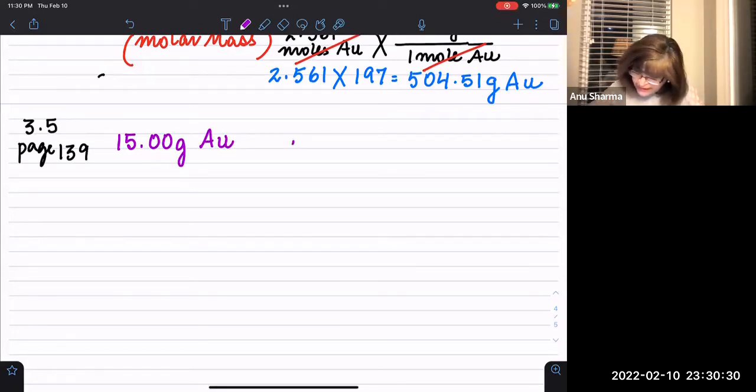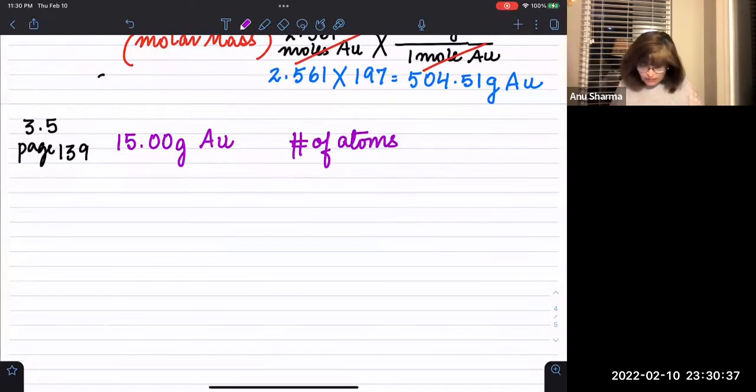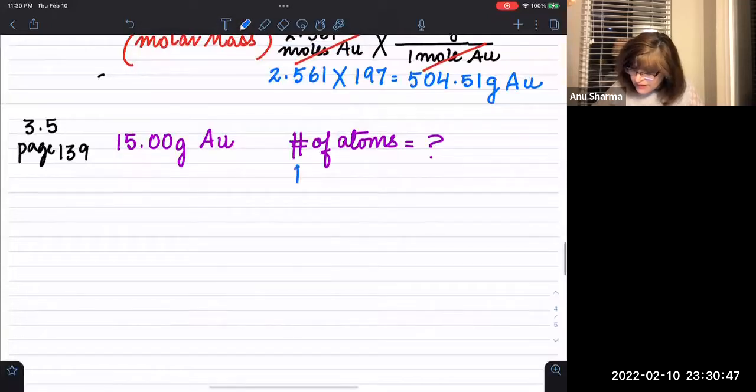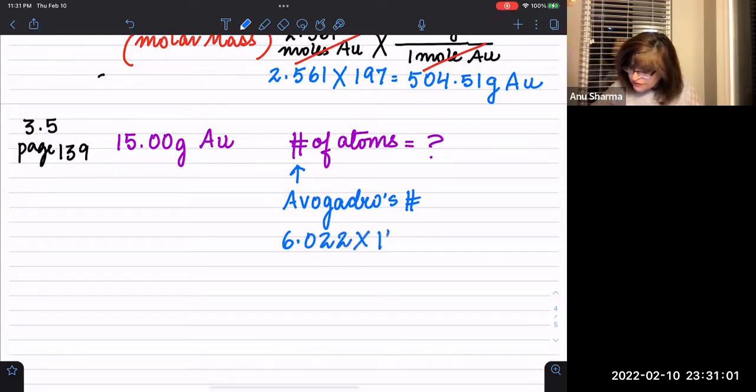So now we are looking at the number of atoms. So find the number of atoms. Anytime you have this, that means we are talking about Avogadro's number. And what is Avogadro's number? Avogadro's number is, of 1 mole, 6.022 times 10 to the power 23 atoms.